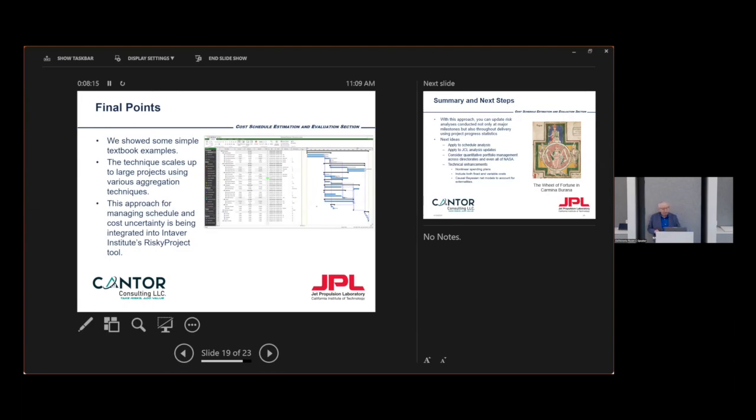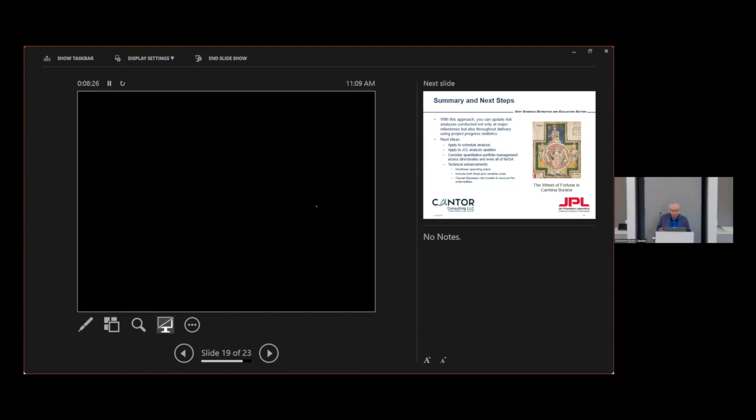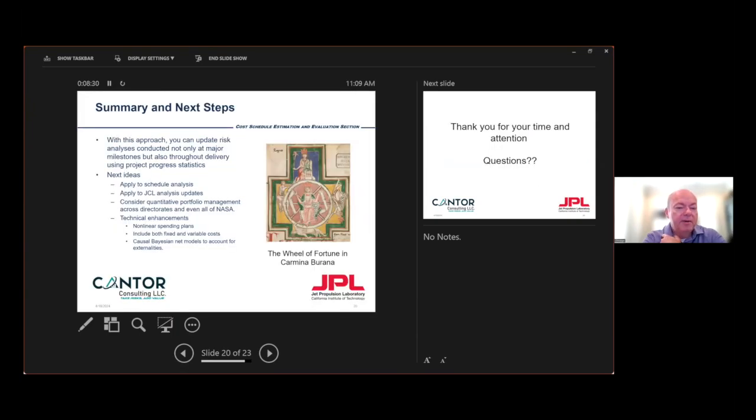But this is the point I want to make: we can scale this to real projects. We're experienced at working with real projects, and we're not just talking about nice mathematics. And one of the nice things about Risky Project is that folks at NASA can use it for joint confidence level analysis.